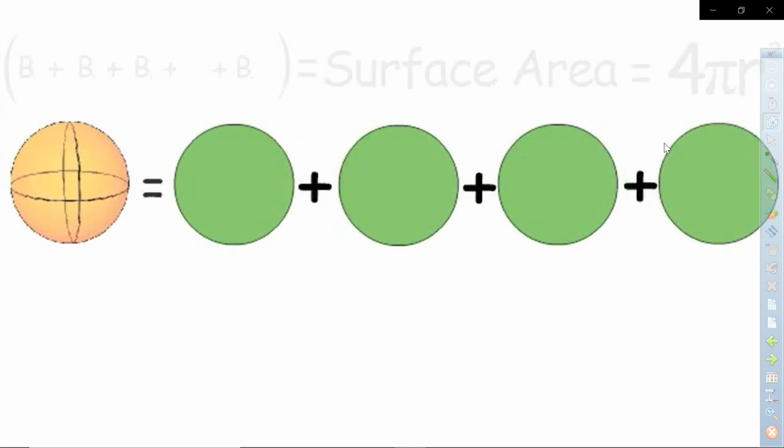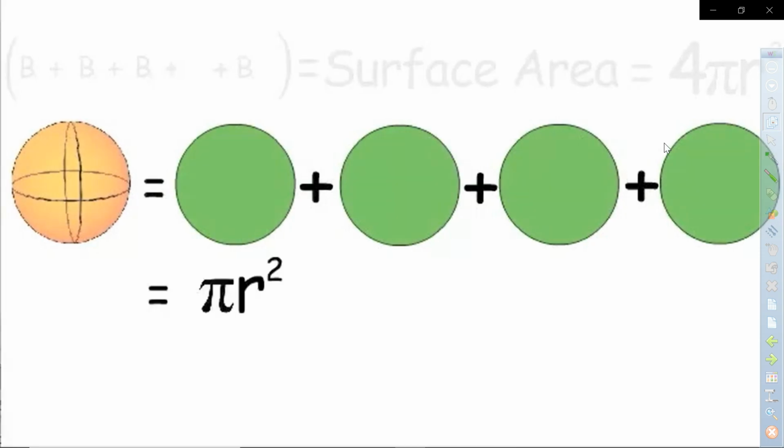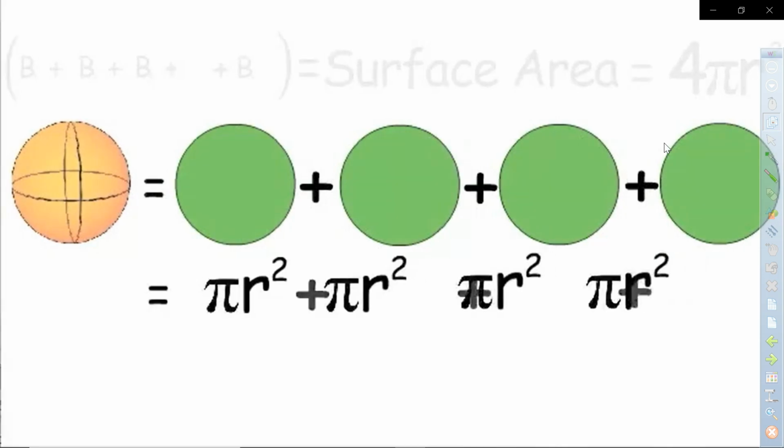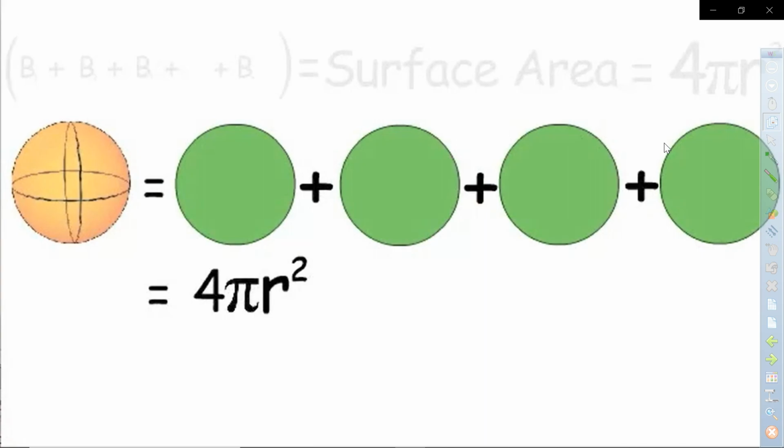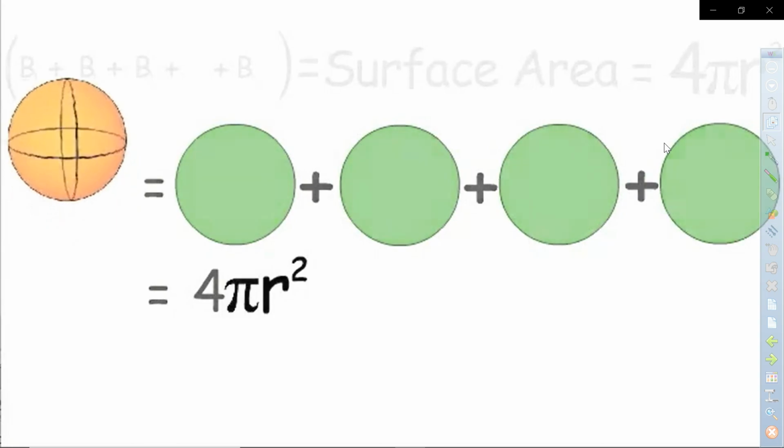Okay, and this is kind of a strange idea, but they're saying basically the area of 4 circles is equal to the surface area of the sphere. All right, kind of a strange idea.